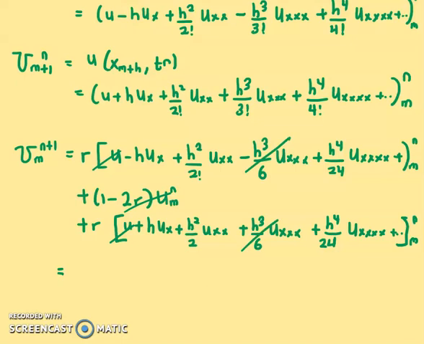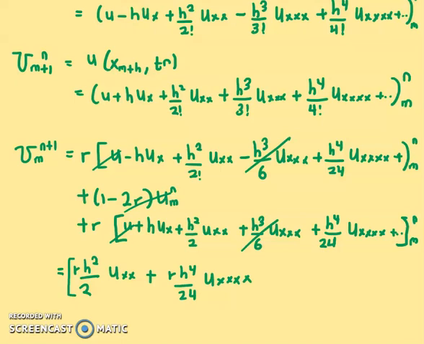This will leave us with r h squared over 2 u_xx plus r h to the 4 over 24 u_xxxx.